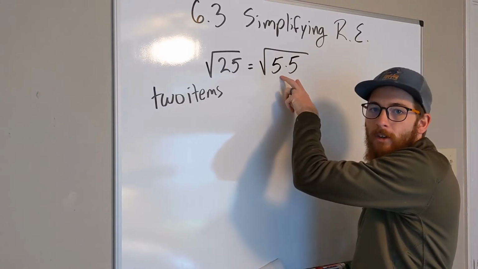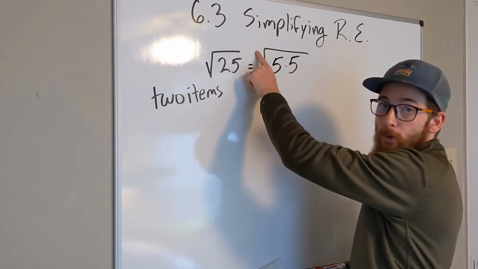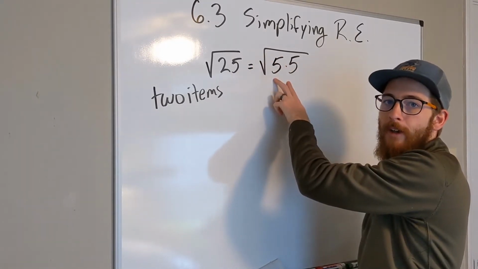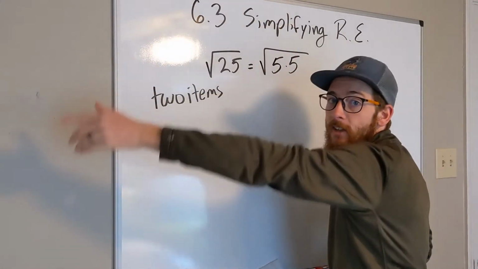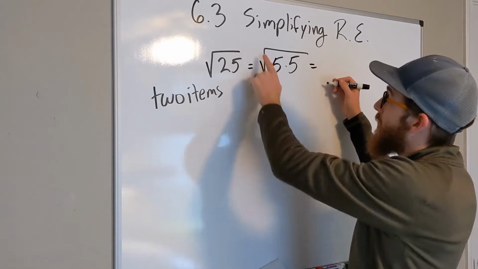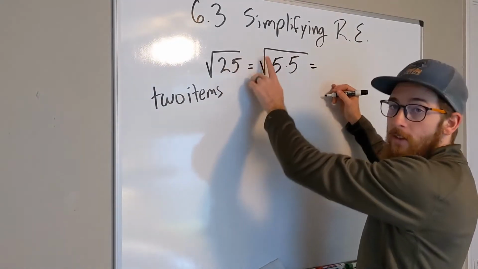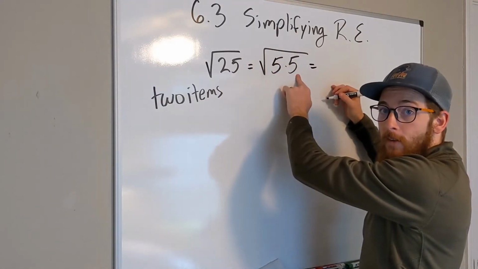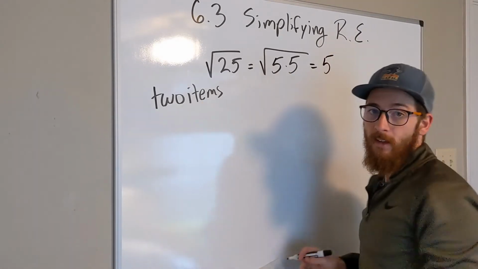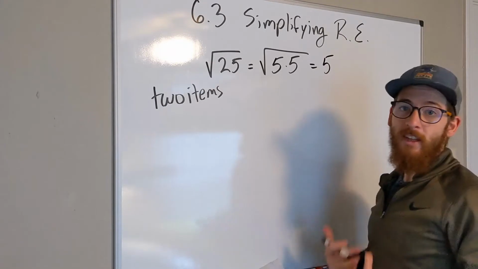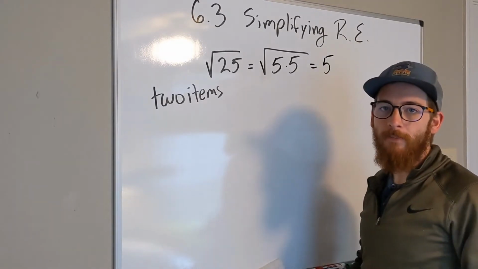How many 5s are there? 2 for the root, 2 for the number of 5s. So for every pair, every two items, I can move it to the outside. So the square root of 25 is really the square root of 5 times 5, but that's a pair, so I move it to the outside. Well, there's nothing left in the inside, so I don't need to include it.